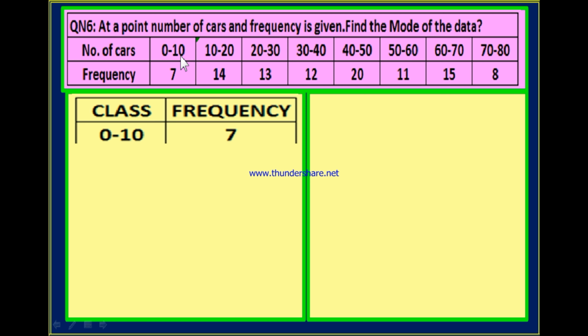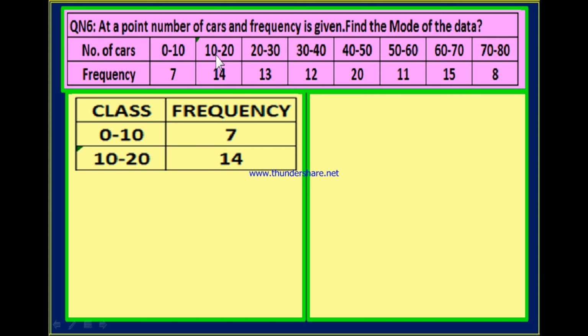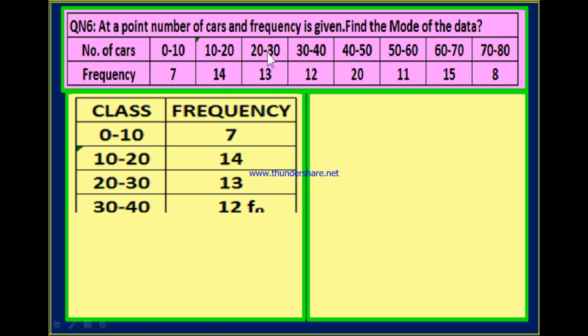The first class 0 to 10, the frequency is 7. 10 to 20, the corresponding frequency is 14. 20 to 30, frequency is 13.